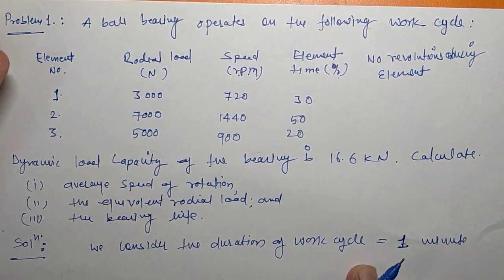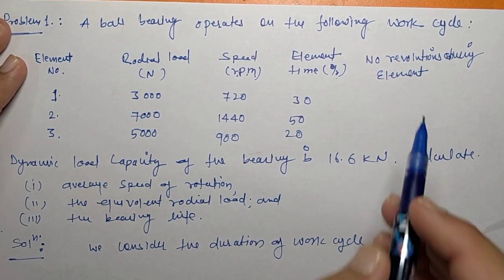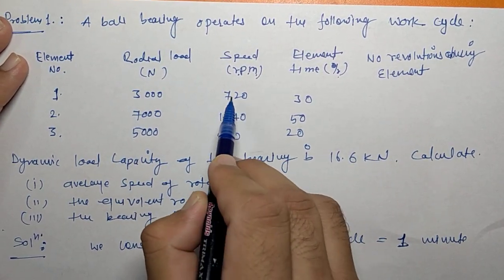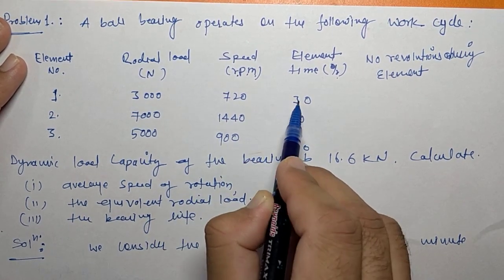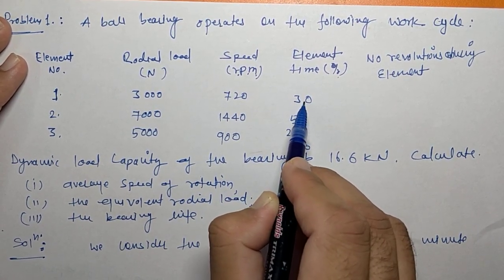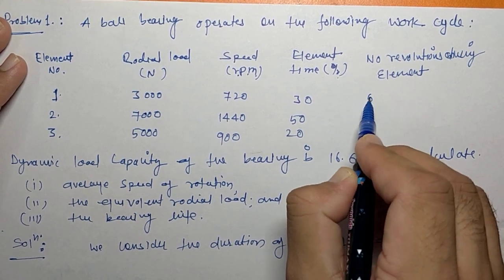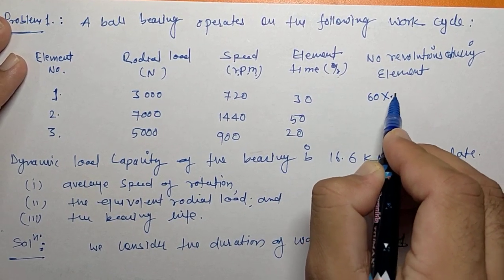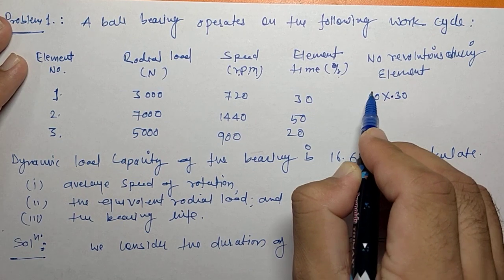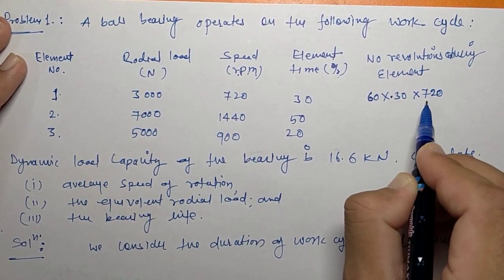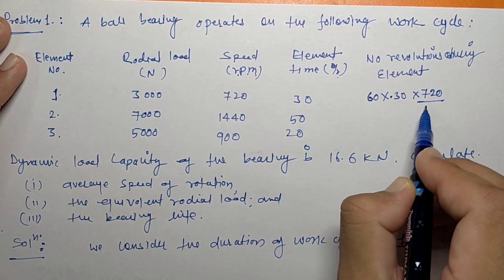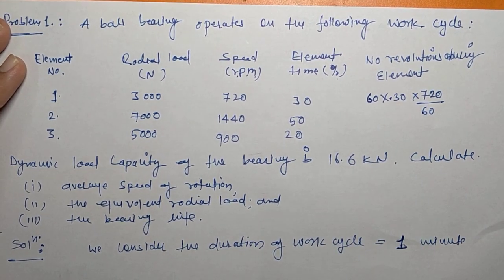Within 60 seconds it revolves at 720 rpm, and 30% of 60, so 60 multiplied by 0.30, multiplied by 720 divided by 60.